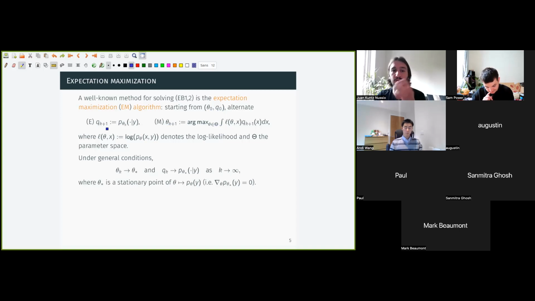In the E step, you update the Q's by setting them to be the posterior corresponding to your current parameter estimates. And in the M step, you update the parameters by maximizing the objective here over all possible parameter values. And this objective is an integral with respect to the posterior you just worked out.